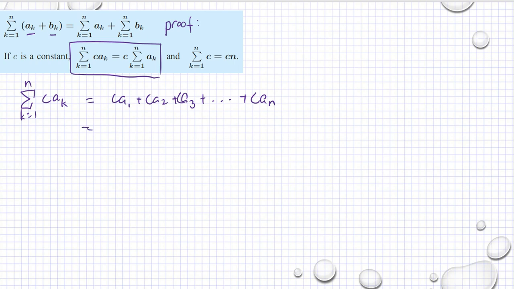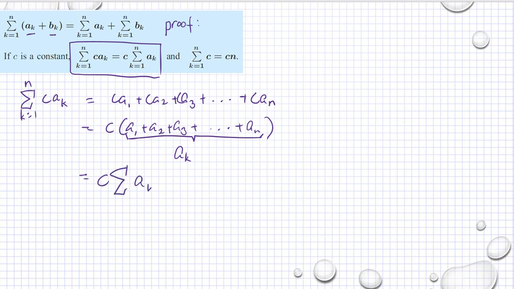Then we have a common factor, which is c, and then a sub 1 plus a sub 2 plus a sub 3 plus up to a sub n. This one we call the sum of a sub k. So we have now c times the sum of a sub k. Then we have proved that.